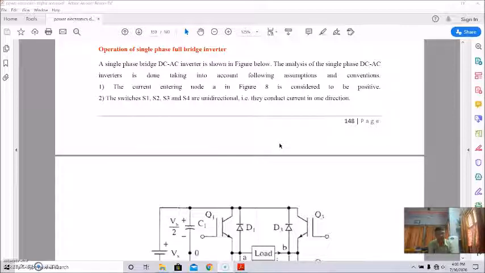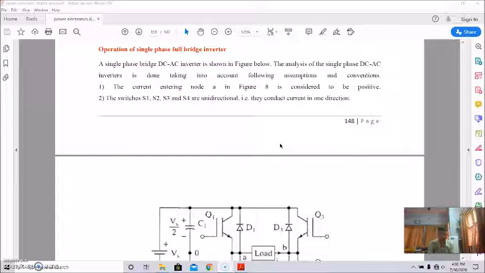The load of the full bridge type inverter is either a resistive load or an inductive load, so you can say RL load. The sequence of switching of the switches and the diodes for resistive and RL load will be like this. Resistive load: S1, S2, S3, S4, again S1, S2, then S3, S4, in this fashion.